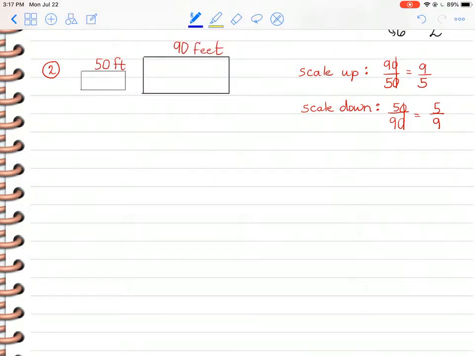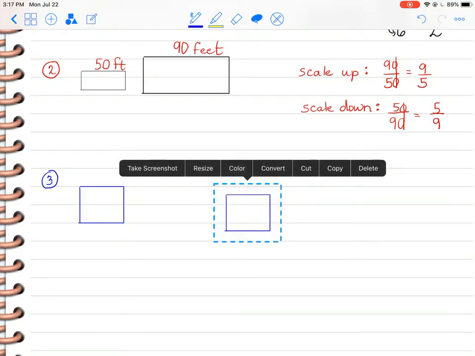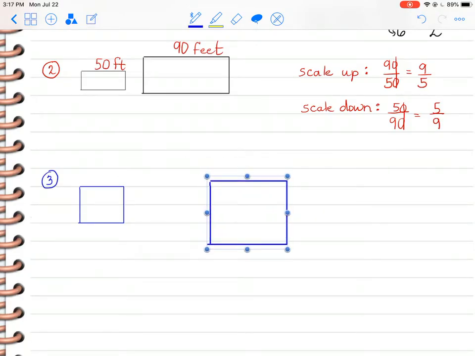Okay, number 3. We're dealing with widths. So this time I think I'm going to use a square. Could be a rectangle, could be anything. Doesn't matter. I'm just giving you these as illustrations. So let's copy and paste and resize, because remember one of them has to be mama.